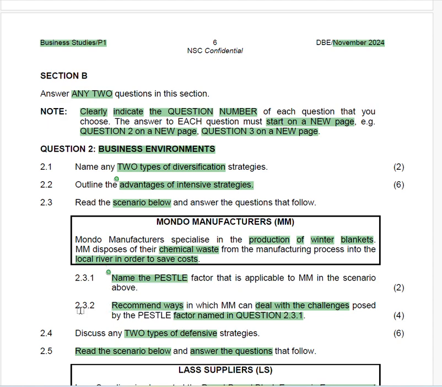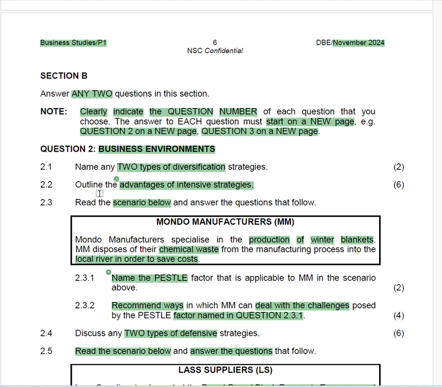Then 2.3.2 says, recommend ways in which MM can deal with challenges posed by the PESTLE factor named in question 2.3.1. So what are the ways they can use to ensure they avoid what is happening in 2.3.1, which is destroying the environment?